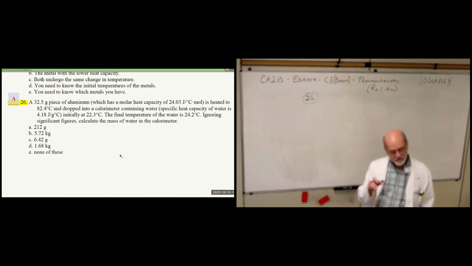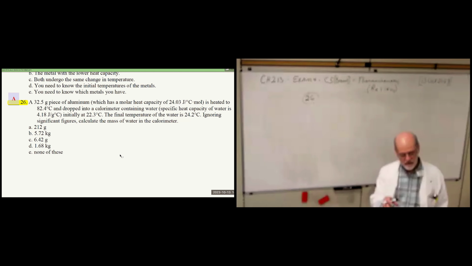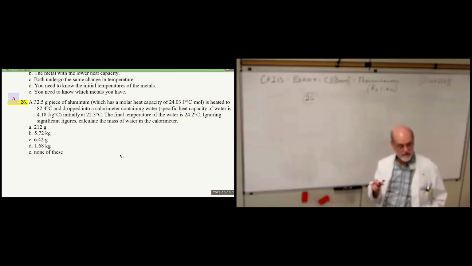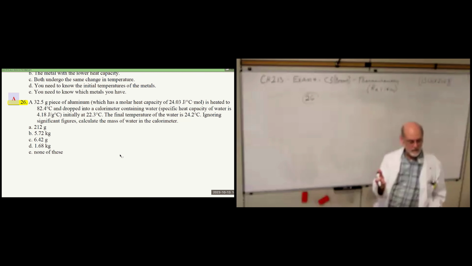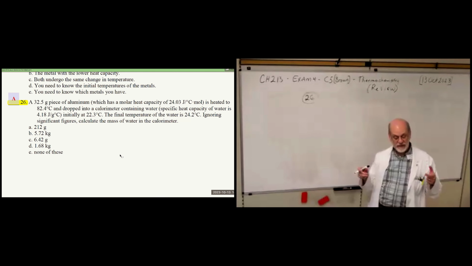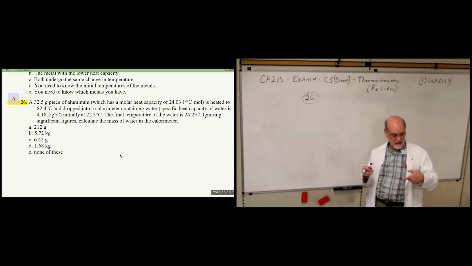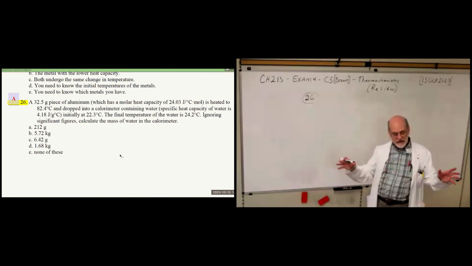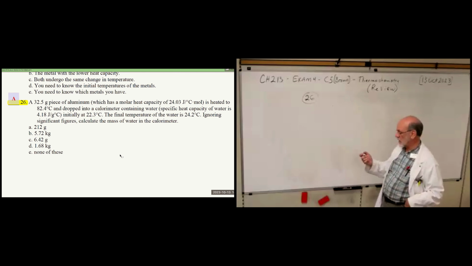Since we didn't go through this in lecture, this is an isolated system. Remember what that is? No heat transfer between the surroundings and the system, and no mass transfer. It's our styrofoam cups, our calorimeter that we're going to be using, and it's perfectly insulating in this case. It's isolated. That means that anything that happens in Vegas stays in Vegas. So all the heat calculations add up to 0.